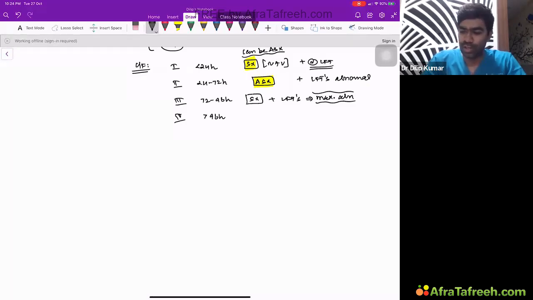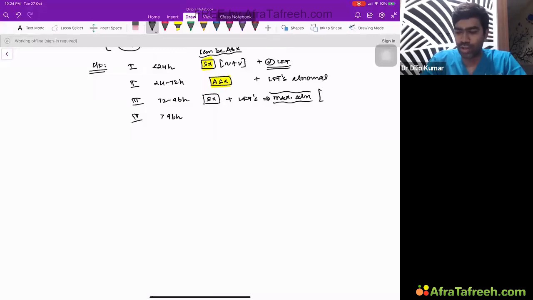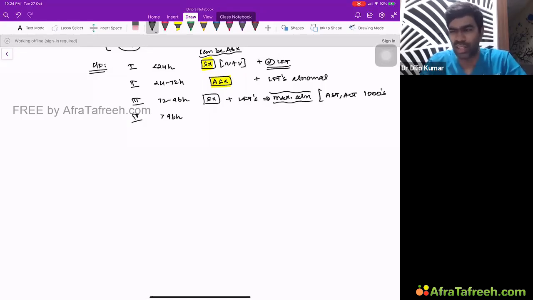Usually during this stage your enzymes, AST, ALT, will become thousands or sometimes even 10,000 if the problem is very severe. Often it reaches like 10,000, 20,000 AST, ALT and all.